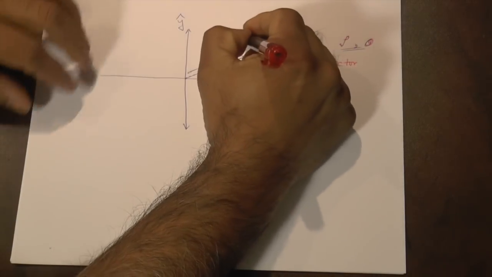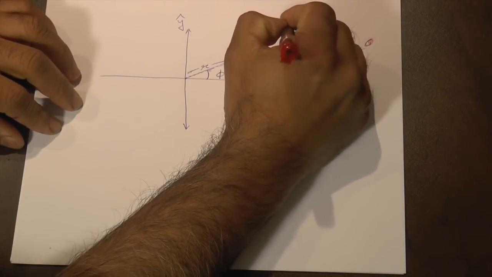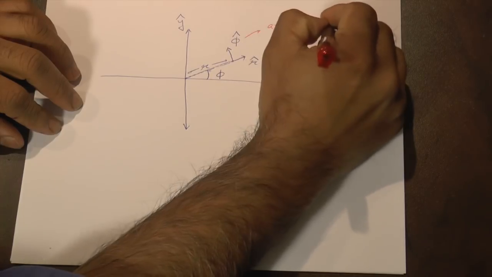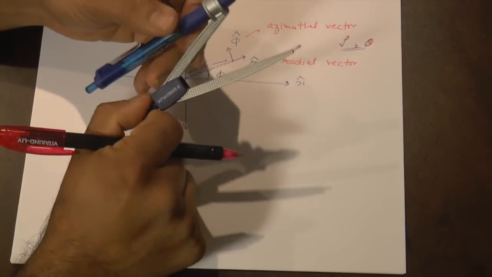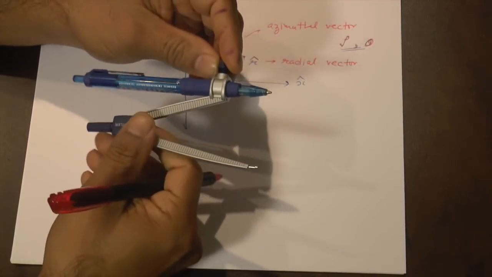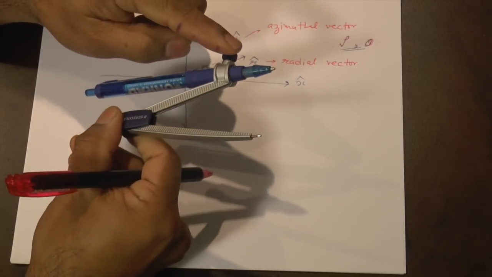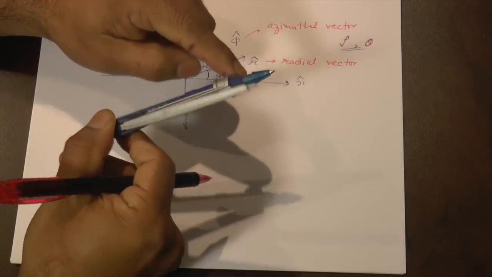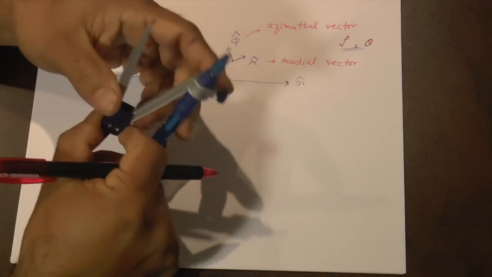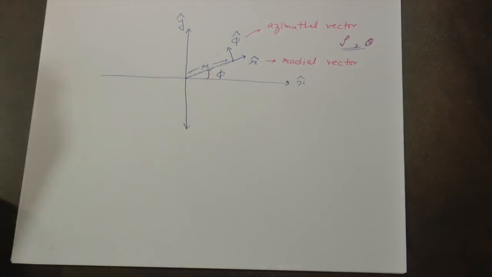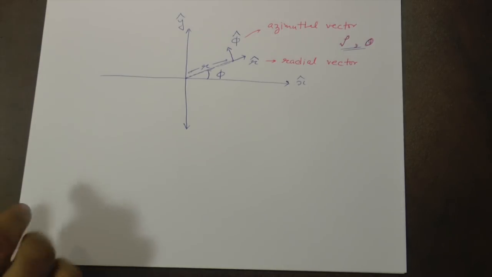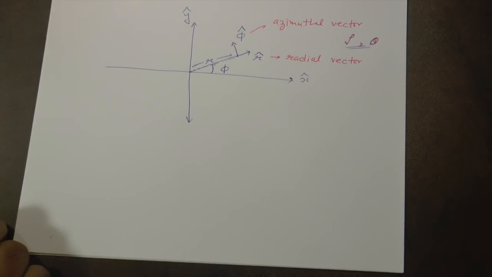And the other vector phi is what we call the azimuthal vector. What that is doing is taking your adjusted radius and then rotating it about the center, exactly like you build circles with compasses in your high schools. So this becomes my polar coordinate system.